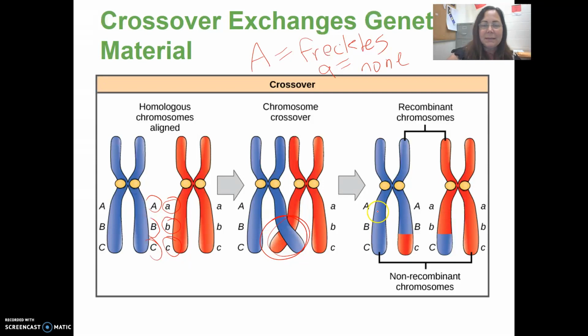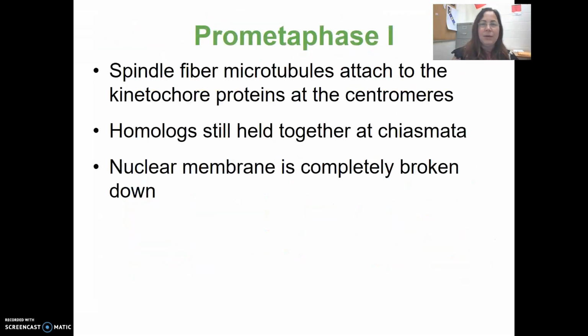The gamete, which could be egg or sperm, could either have genes big A, big B, big C, or they could have the genes little a, little b, little c. Or because of crossing over, they could have a big A, a big B, and a little c, or a little a, little b, and a big C. So instead of just 2 possibilities, which is what you would have gotten if there were no crossing over, you're going to have 4 different possibilities, which increases the genetic variety in the offspring.